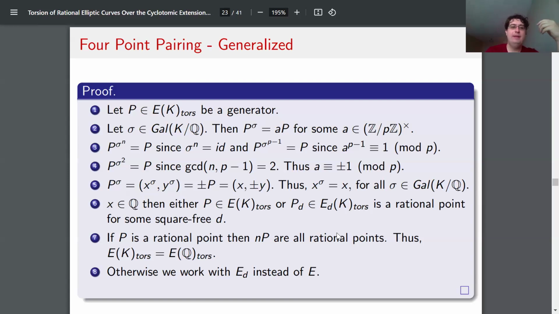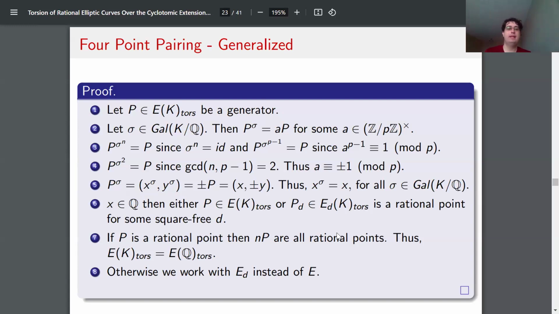On one hand, if I apply sigma n times, then basically it is a trivial action because sigma's order divides the order of the Galois group. So applying it n times has no effect. By Fermat's little theorem, a to the p minus 1 is 1 mod p, so applying sigma p minus 1 times also has no effect.